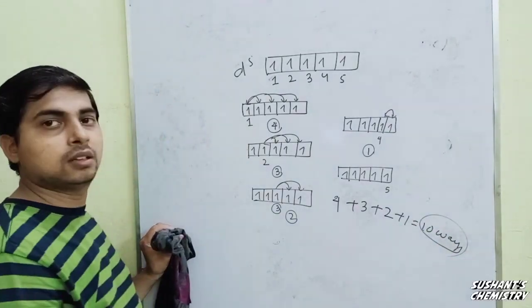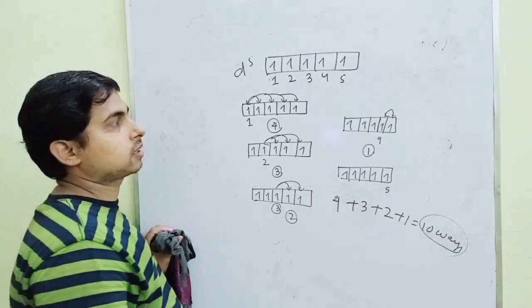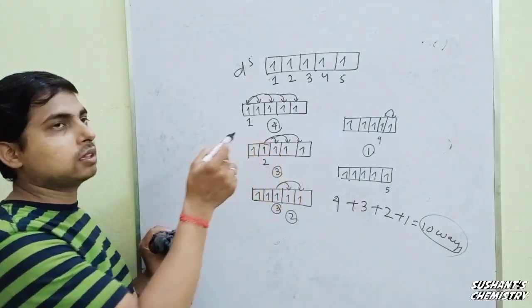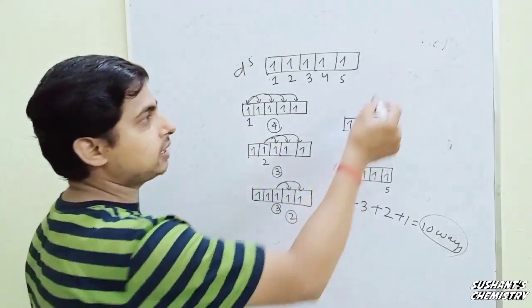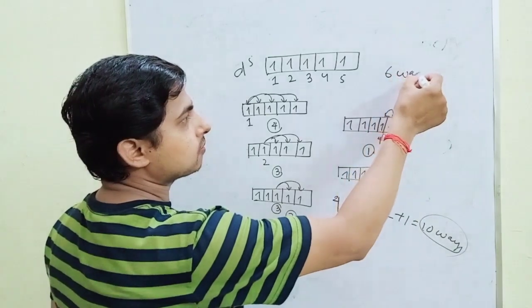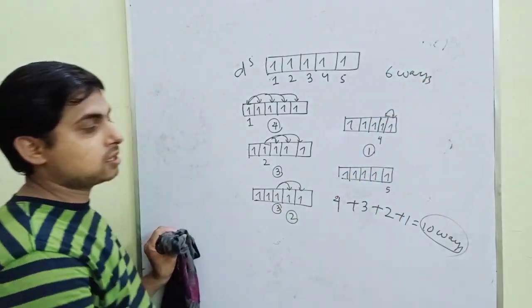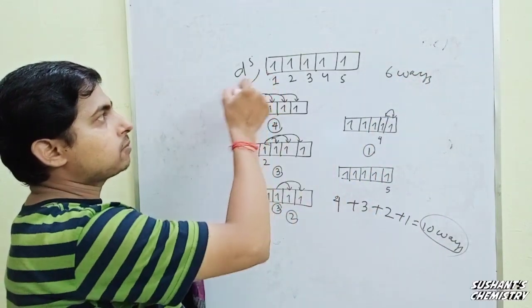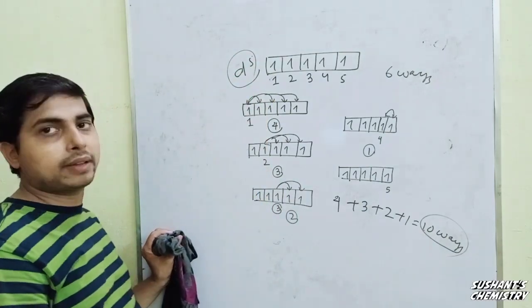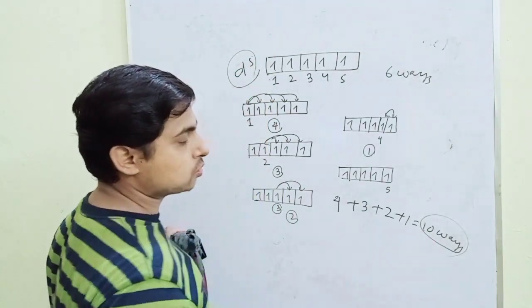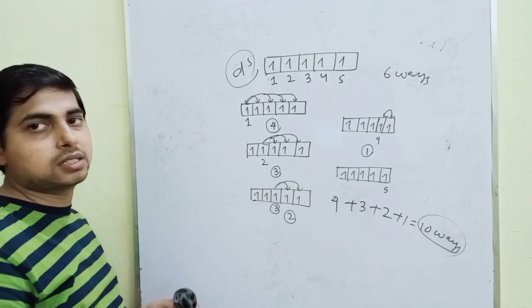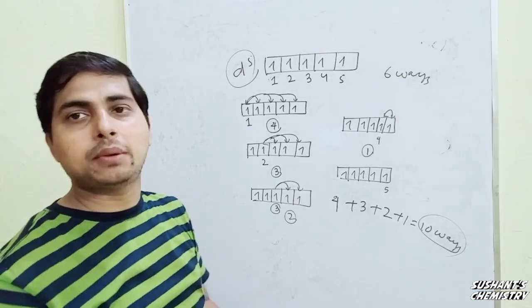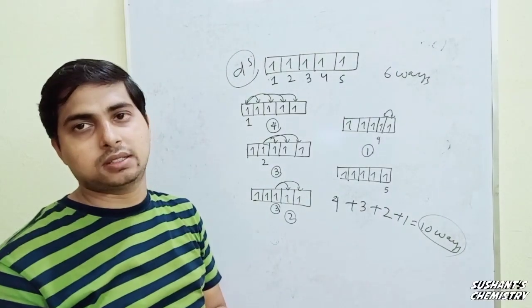In D4 configuration the number of exchanges is 6, and in D5 it is 10. So the exchange energy is more in D5 configuration than D4 configuration.